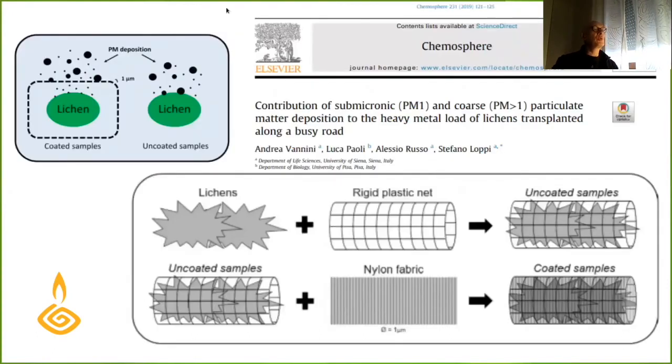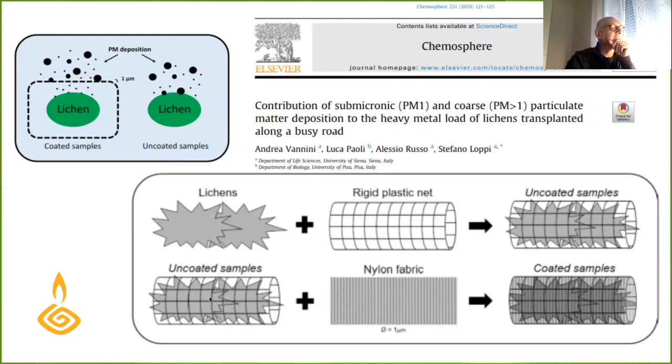And we have tried to estimate the amount of particulate matter deposition in lichens. Especially, we have tried to separate the contribution of the most dangerous particles for health, the most toxic ones, below 1 micrometer in dimension. So what have we done? We have placed the lichens inside a plastic net. We have prepared a lichen bag.